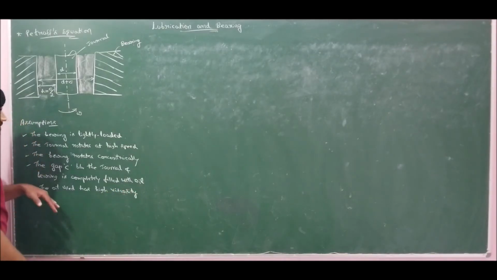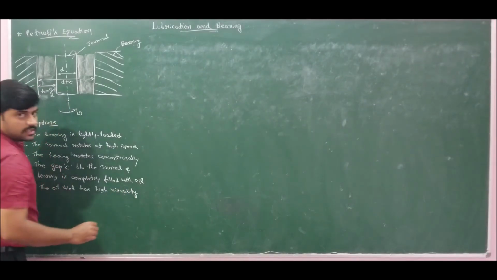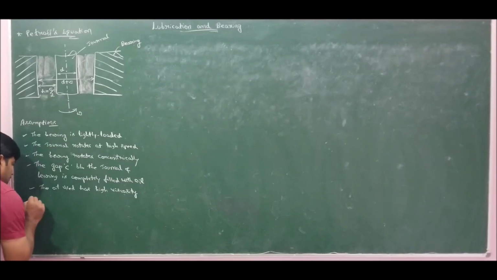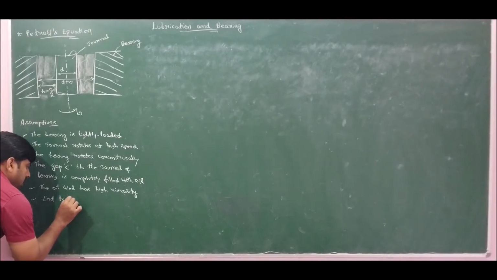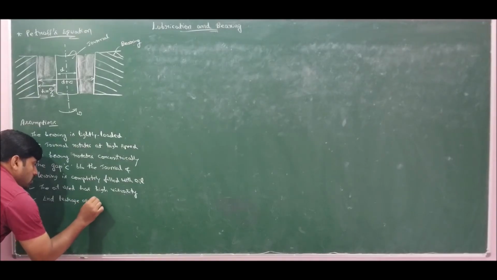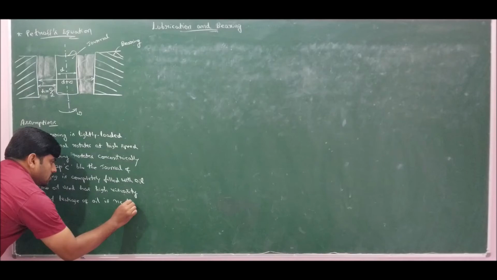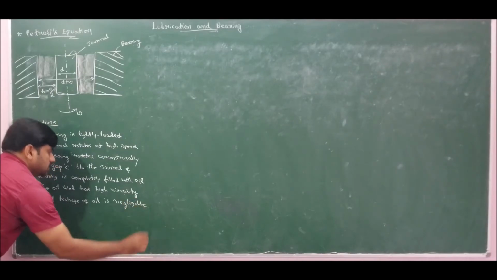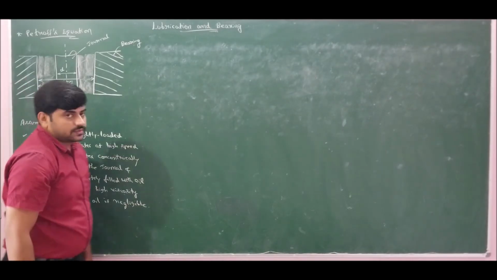Since the oil used has high viscosity, it can resist shear. And next, end leakages are neglected. End leakage of oil is negligible. There is no end leakage. So these are the 6 very important assumptions made in the derivation of Petroff's equation.